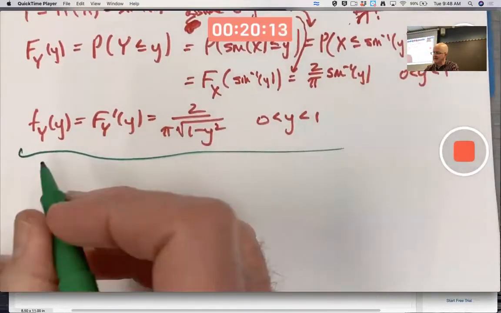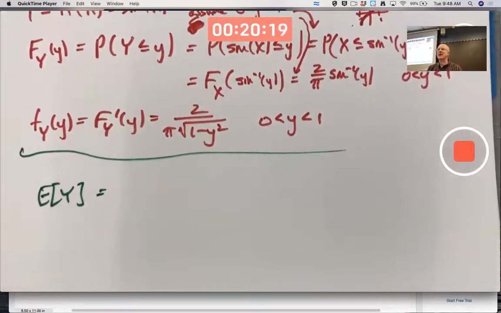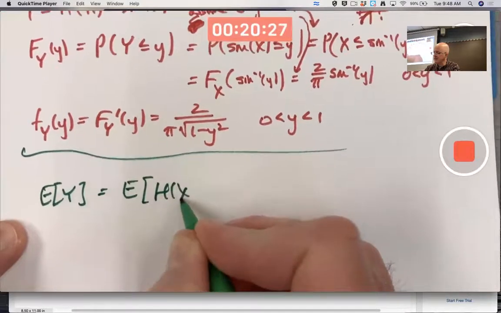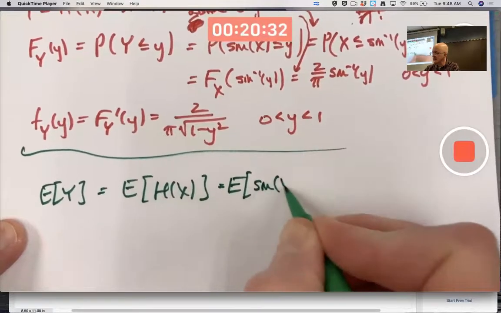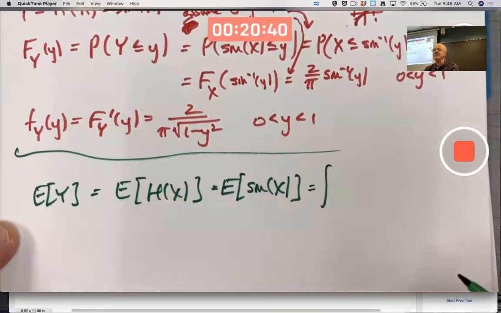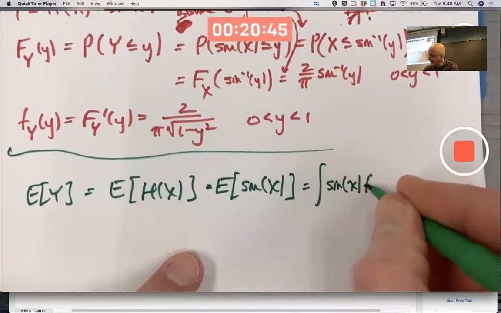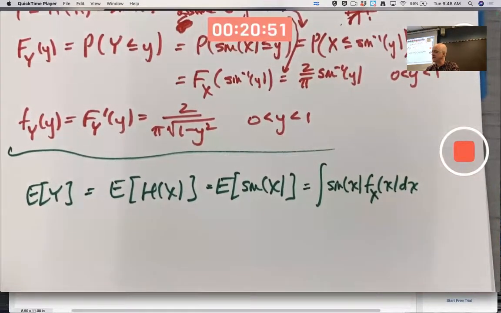We're after the expected value of y. Based on the PDF of x, that means go back to chapter 4 and use the generalized expectation formula, the expected value of a function of a random variable. In this case, that's the expected value of the sine of x. The generalized expectation formula says to integrate whatever that function is, in this case, the sine of x, times the PDF of x, over whatever the domain is for the PDF of x where it's positive.